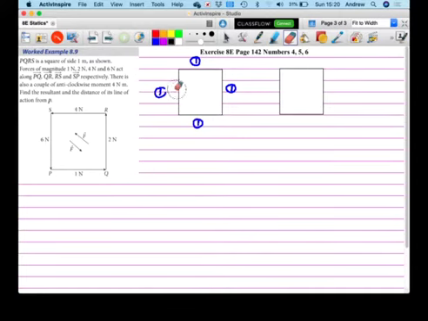The 6 Newton force is going that way, and its value is 6. The 4 Newton force is going that way, value 4. The 2 Newton force is going up, value 2. And the 1 Newton force is going that way, value 1.